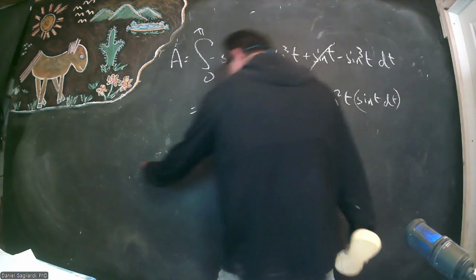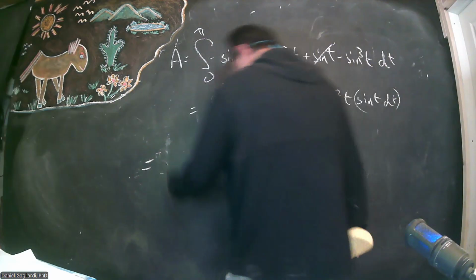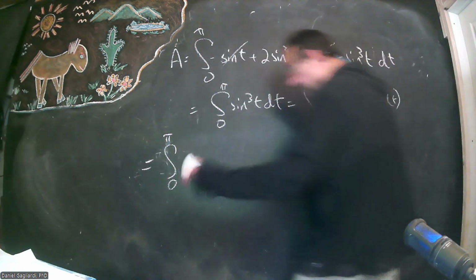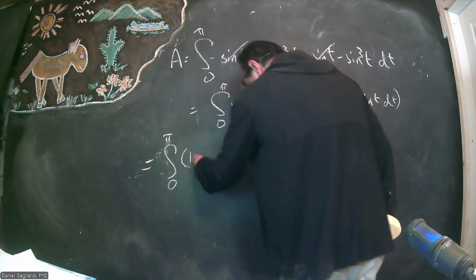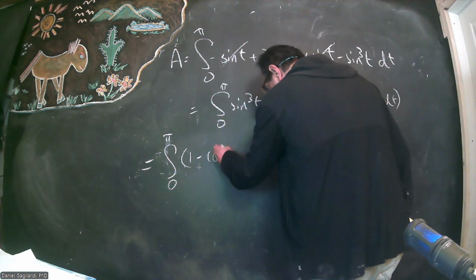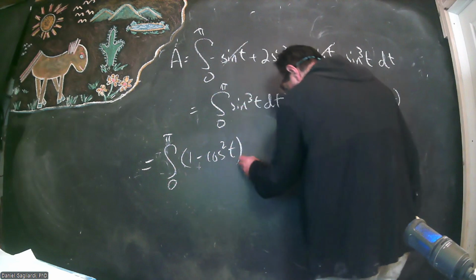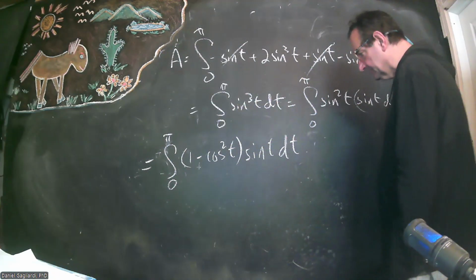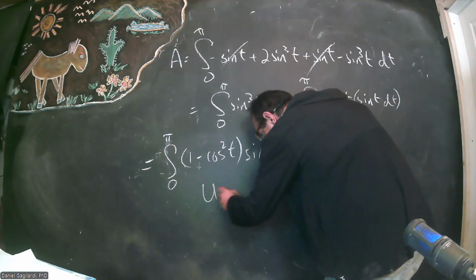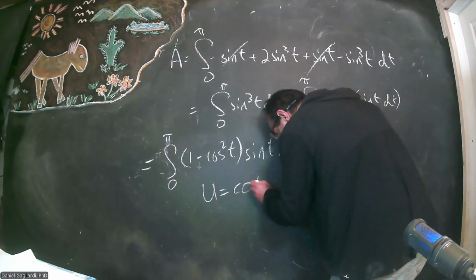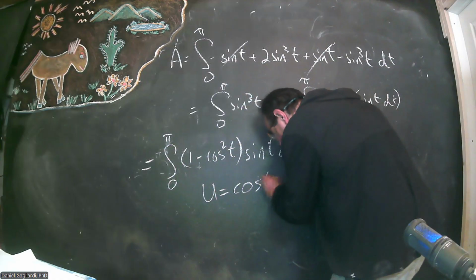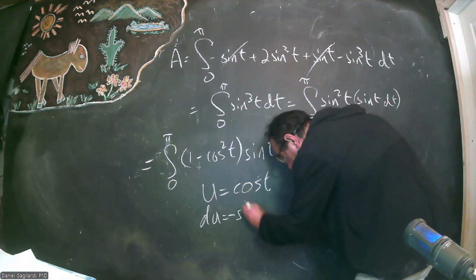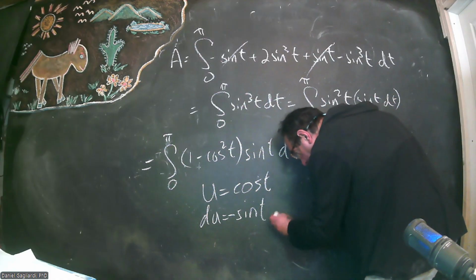So let's see what we got. Continuing, we have the integral from 0 to pi of sine squared, which by the same Pythagorean identity is 1 minus cosine squared of t, and then sine of t dt. Cool. So u is equal to cosine of t, and that being the case, du is equal to negative sine of t dt, because the derivative of cosine is negative sine.